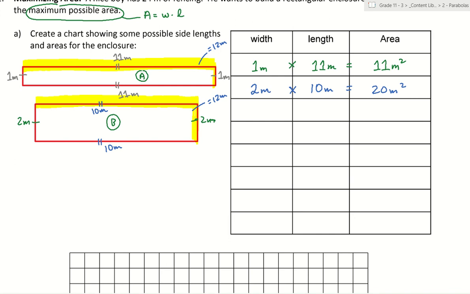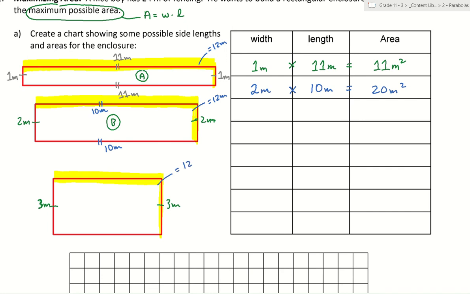But just to do one more here, let's draw the next one in this little set, which would be 3 meters on a side. Now, we know that this width of 3 plus this length have to add up to 12 to be half the perimeter. So how do we figure out the other side?